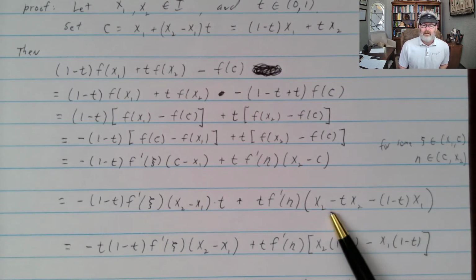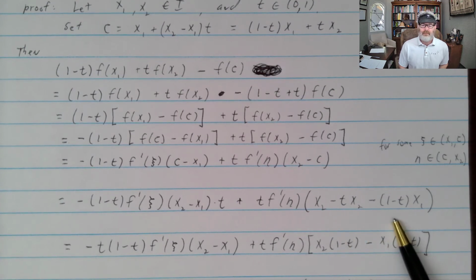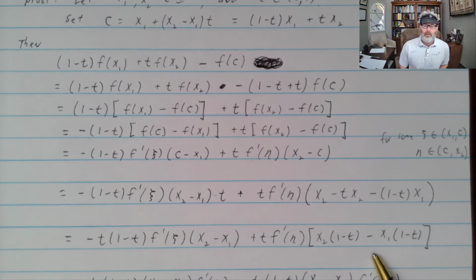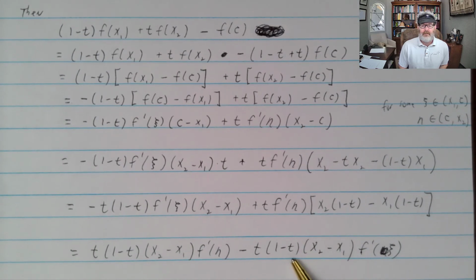And here I've got this x2, you can factor it out. You've got a 1 minus t, and then we've got this 1 minus t here, times x1. So I can factor the 1 minus t out, and I do that, except now these will all be positive, so I put it first.